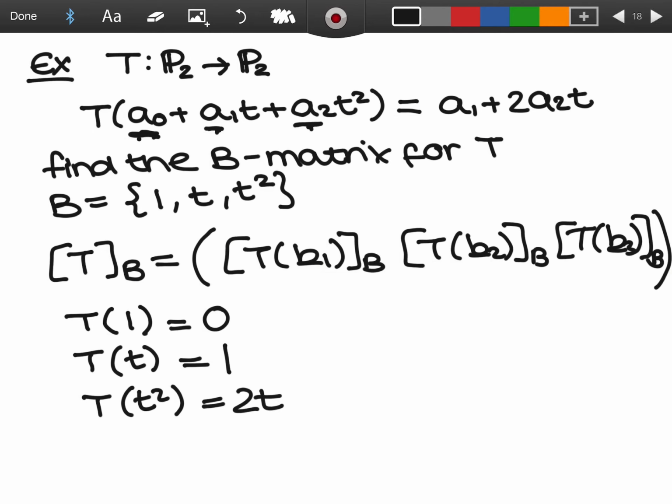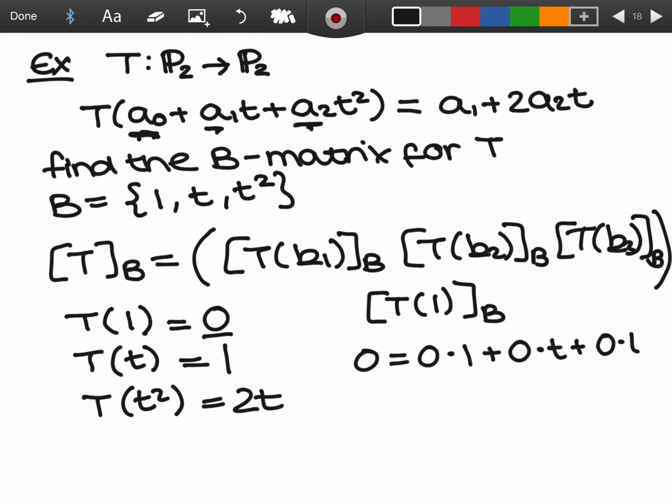So let's first do T of 1 with respect to B. Let's find its vector. This is just 0. With respect to our basis, 0 would equal 0 times 1 plus 0 times t plus 0 times t squared. That would make this vector just these coefficients of our basis vectors, so 0, 0, and 0.